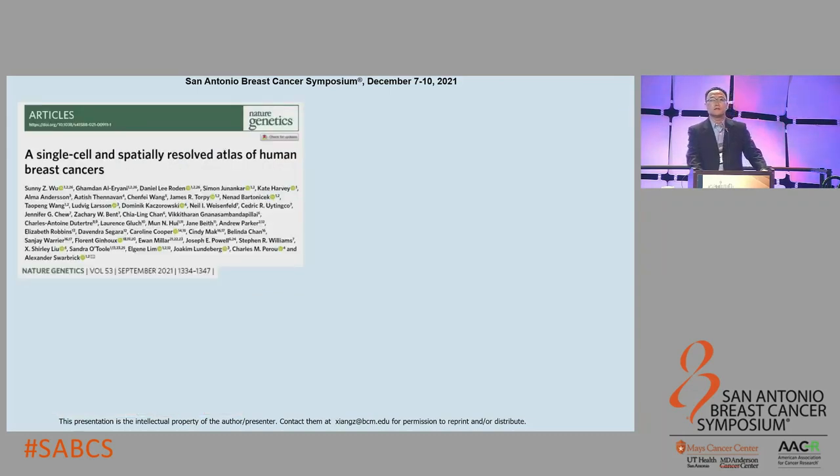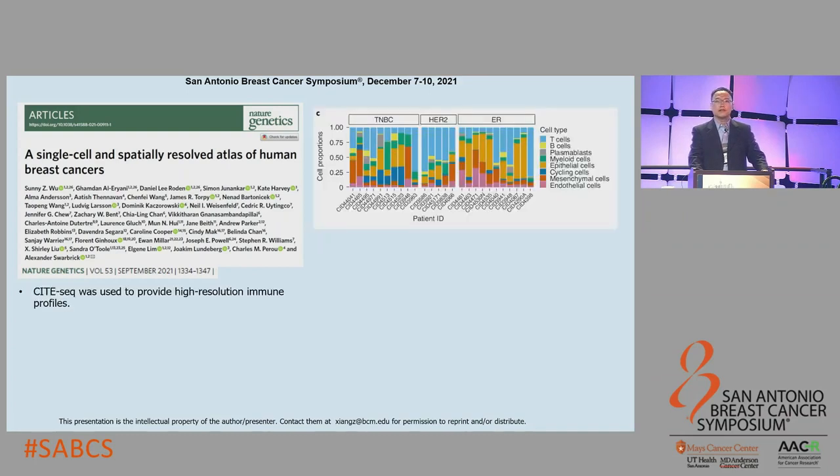The second paper, from Dr. Alexander Swarbrick's group, focused more on breast cancer using a technology called CITE-seq. This technology simultaneously profiles surface protein as well as the single-cell transcriptome, providing high-resolution immune cell profiles. They applied this to over 20 breast tumors.